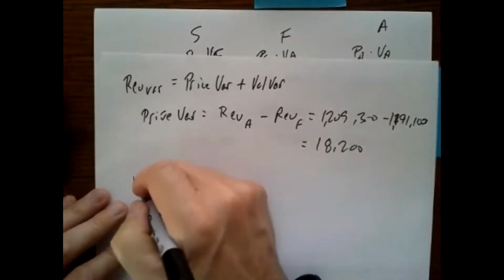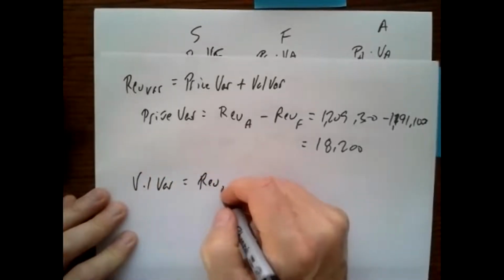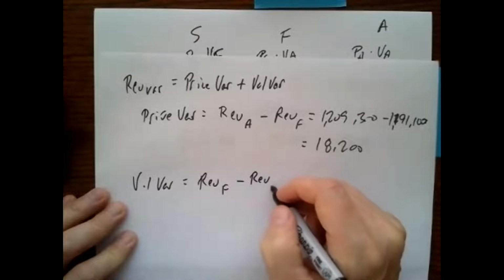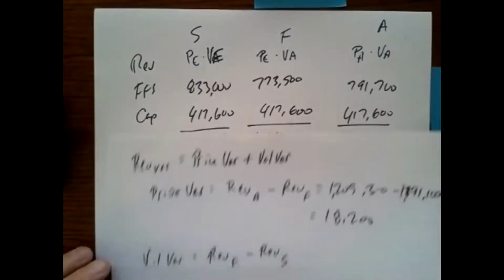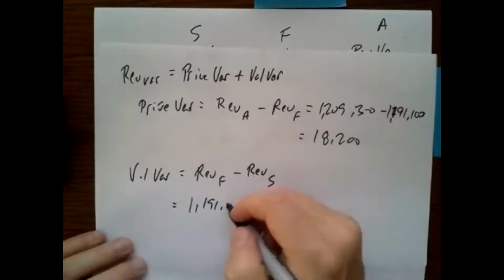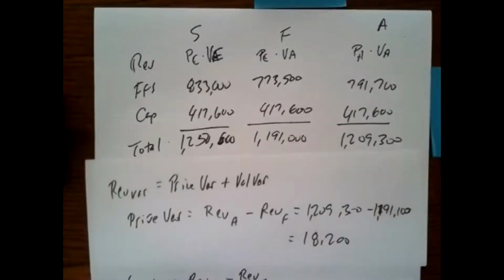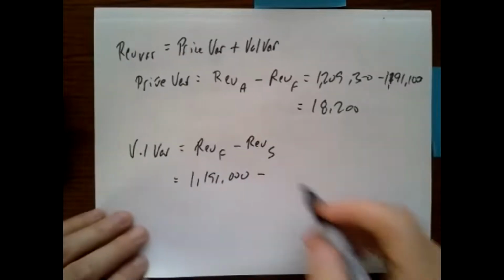So volume variance for revenue is going to be revenue flex minus revenue static. Revenue flex is 1,191,100 minus revenue static 1,250,600.